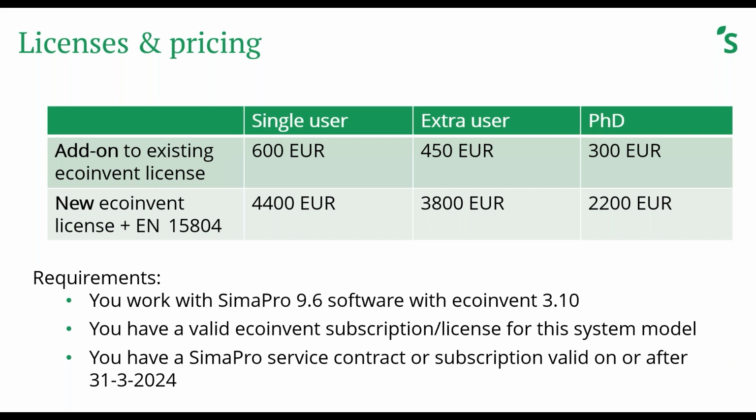For our subscription users there is another pricing, and it's a bit cheaper than this. So if you're interested to know how much it costs to add it now, you can always contact our sales team or your SimaPro partner, and they will be able to give you a more accurate estimation.